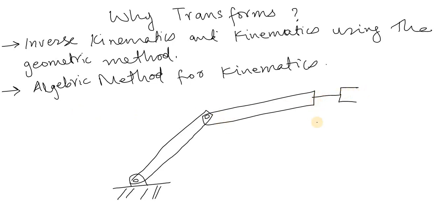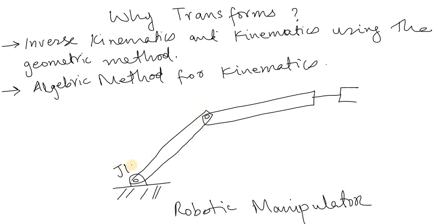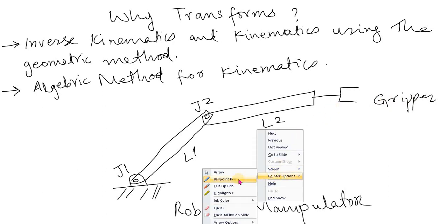Okay, so our goal is to find the position. So this is a robotic manipulator, and we have joint 1 here, and then joint 2, and this is link 1, then we have link 2, and we have a gripper here to pick and place objects.